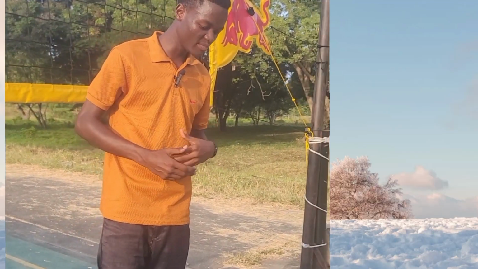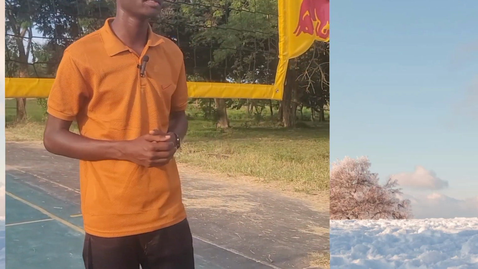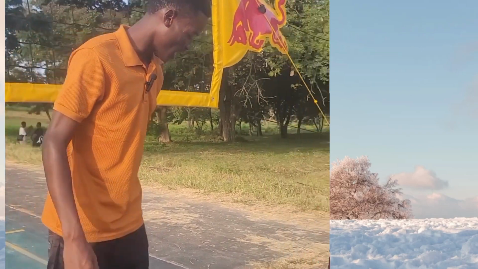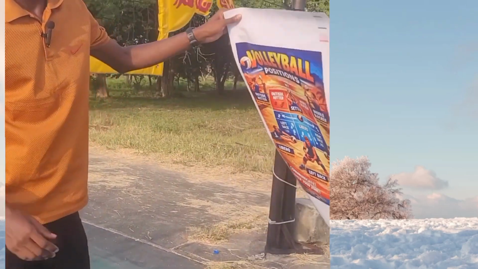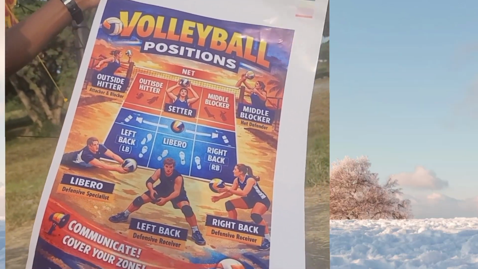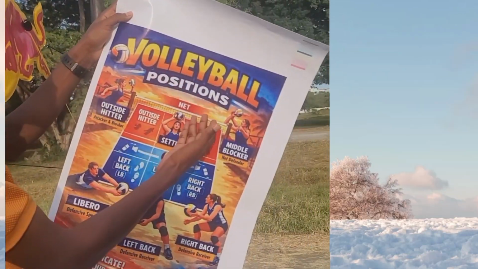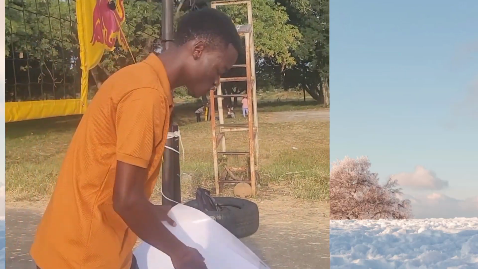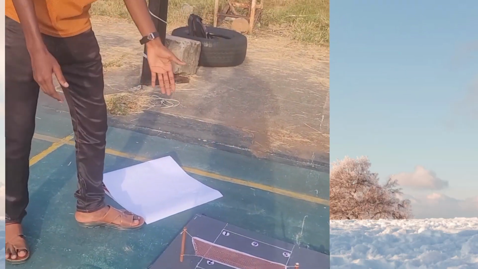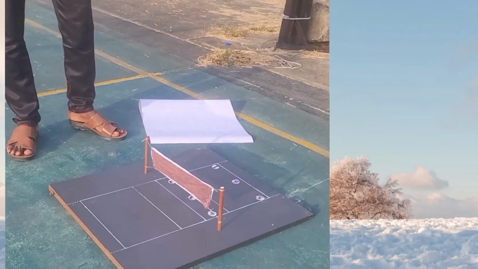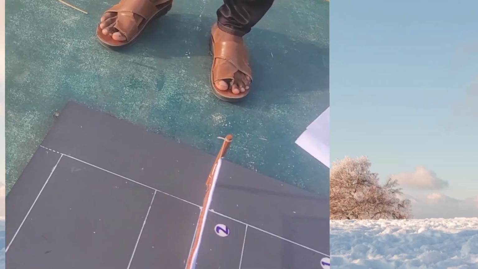How to adapt the media to learners with special needs. First, for learners with low vision, we have used a poster which is large in size, therefore the learner can see and observe well, and we also use colors which are visible and clear to everyone. Our volleyball court model is also big, so it is easy for students with low vision to observe well.